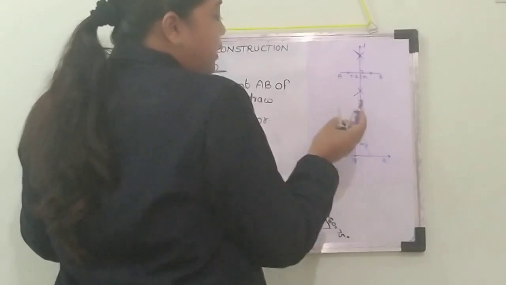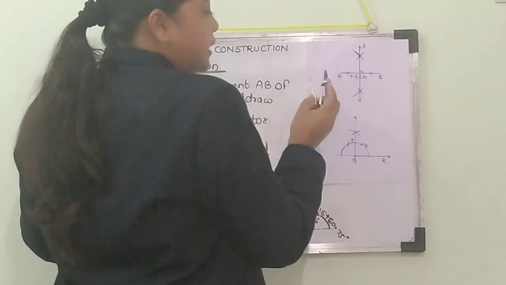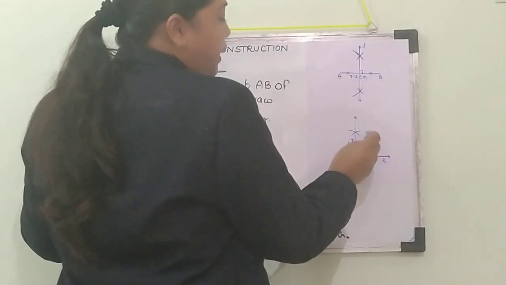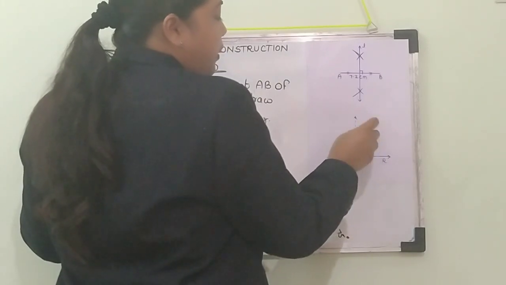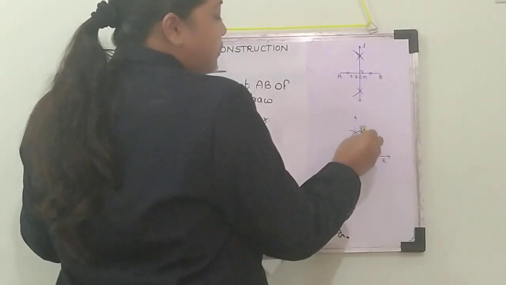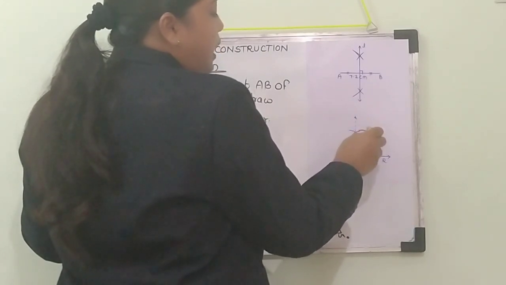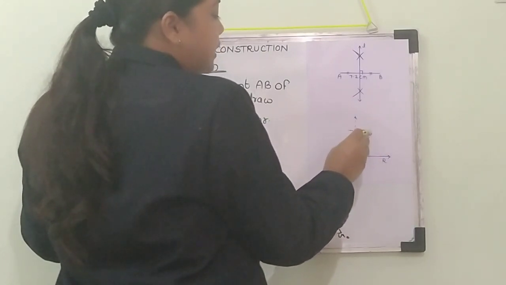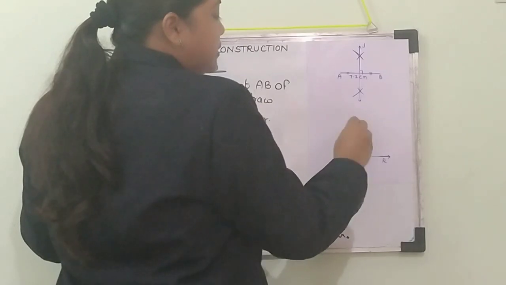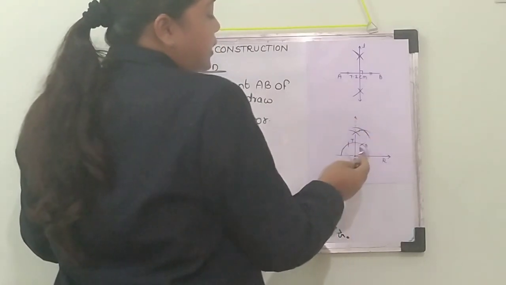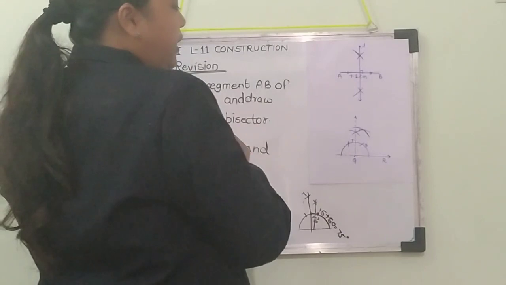So again here I am going to take some distance in compass and from point T I draw the arc. Same measure I will draw the arc from point S. See here we get they are going to intersect at point.